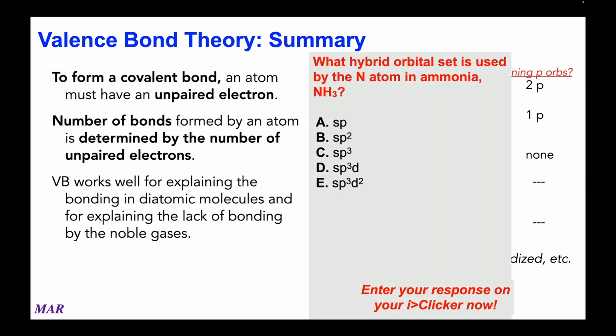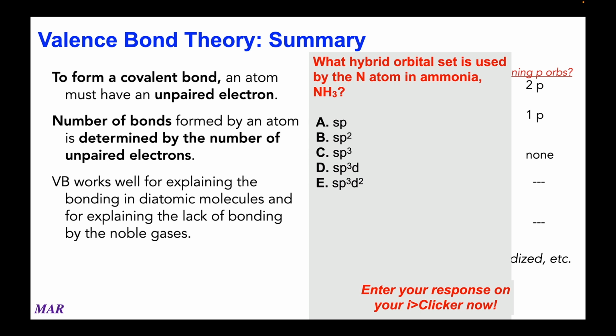Okay, so here's a question you might see. What's the hybrid orbital set used by the nitrogen atom in ammonia, NH3? To answer this question, first draw a Lewis structure. We did this in the last chapter; you can go back and look. When you do this, nitrogen is in the middle of 3 hydrogens, and there's a lone pair on top of the nitrogen. If there's a lone pair and 3 bonding pairs, 4 pairs total, that gives a tetrahedral electron pair geometry.